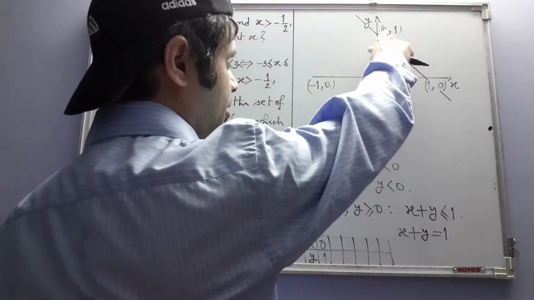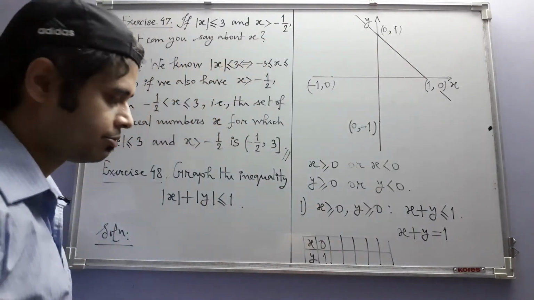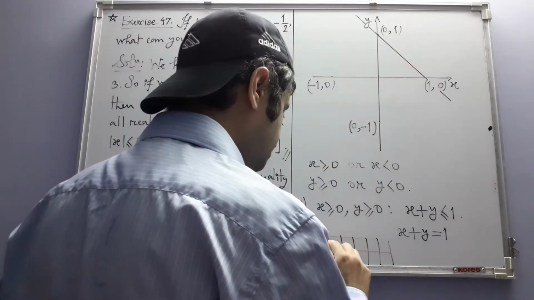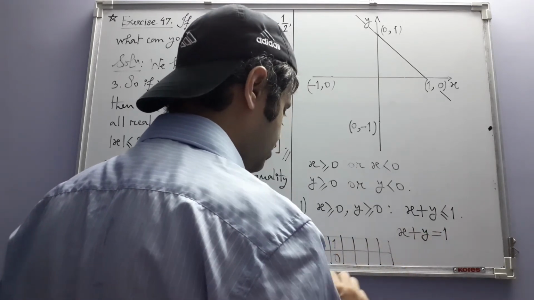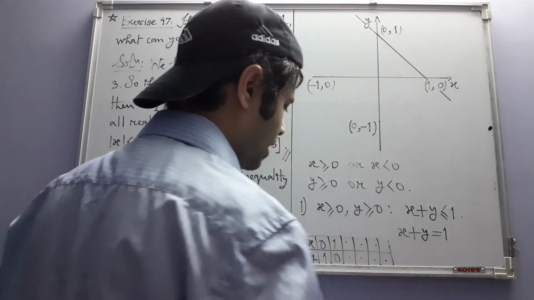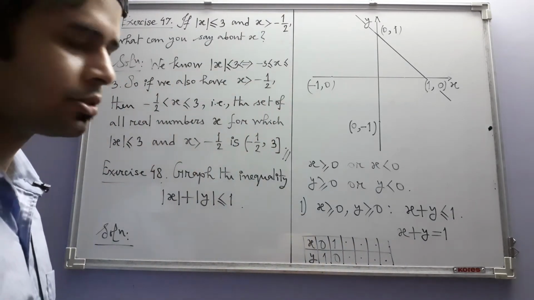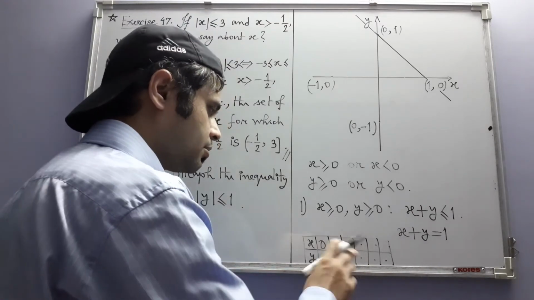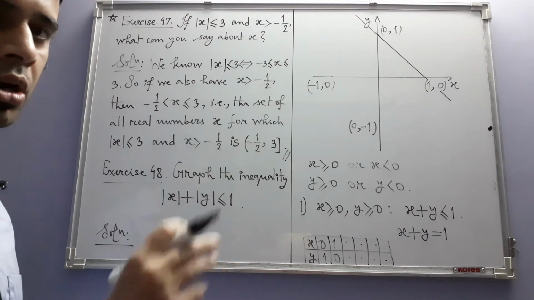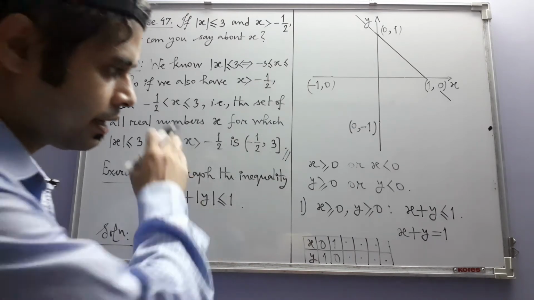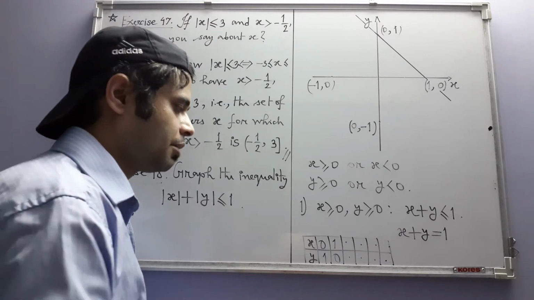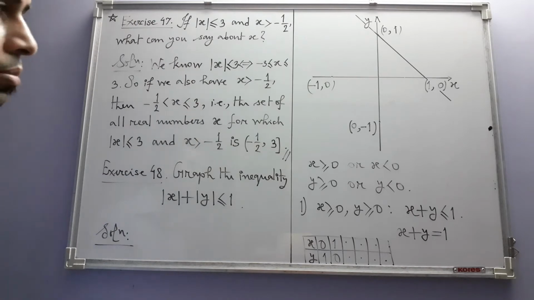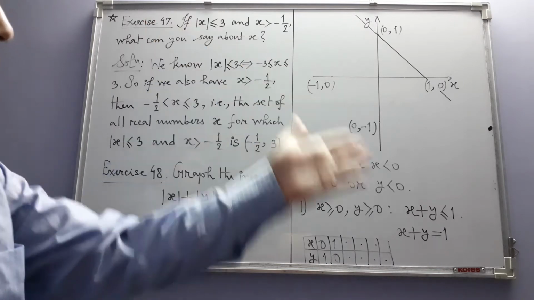Thereby you get a point 0, 1 on the graph. Like that, you can put x equal to 1. If x is 1, then y has to be equal to 0, and like that you put some other values of x, find some corresponding values of y. Then you consider the coordinates and plot the points on a graph paper, and you join them. I'm not going to say anything more about how to join them, because in this case we are dealing with a straight line, and you will see that you will get this straight line.